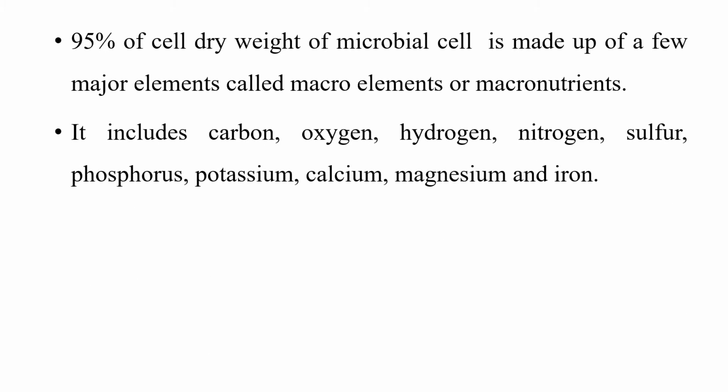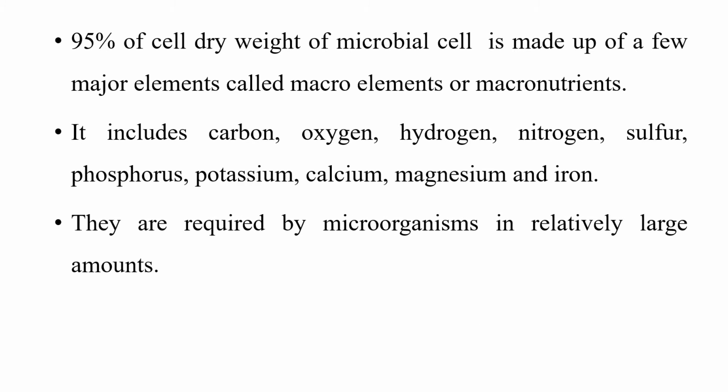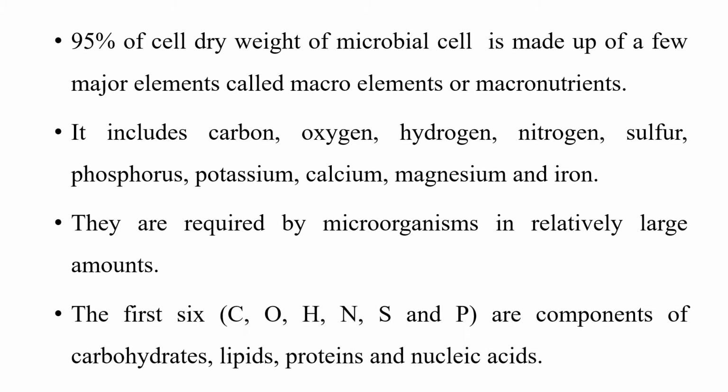So it includes mainly carbon, oxygen, hydrogen, nitrogen, sulfur, phosphorus, potassium, calcium, magnesium and iron. Why are they called macroelements or macronutrients? These are the elements which are required by microorganisms in relatively large amounts, and therefore they are referred to as macroelements or macronutrients.